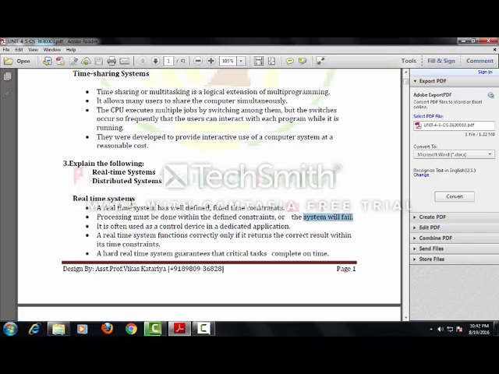So real-time systems are designed because we want to achieve the result within the defined constraints. It is often used as a control device in a dedicated application. A real-time system functions correctly only if it returns the correct result within its time constraints, right? So the query should be processed as the query is generated.